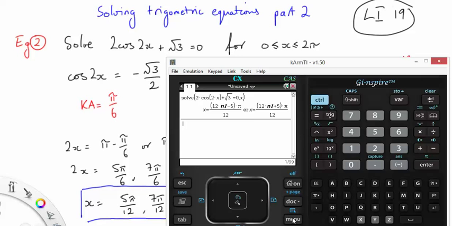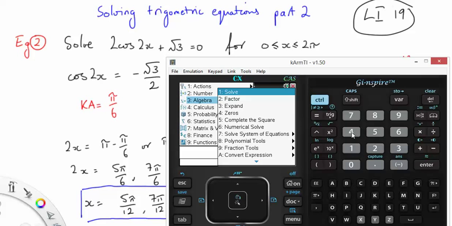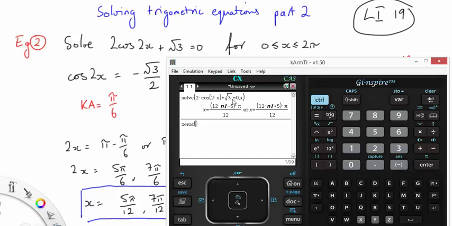I'll show you how to do it with the zeros command. I like the zeros command, and I'll show you why. It's just a bit neater. You don't type equals 0, you put the stuff in, and the zeros command figures out what values make the stuff that you put in 0. It's particularly good for trig values.